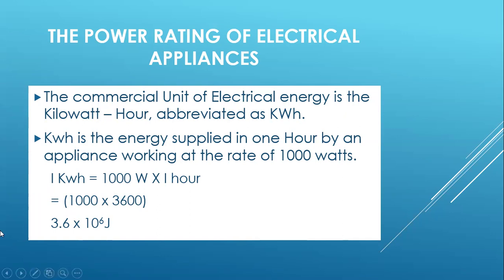So 1 kilowatt hour is equal to 1,000 watts times 1 hour. Now, if you know that 1 hour is equal to 3,600 seconds, you get that it equals 3.6 times 10 raised to 6 joules. So this is basically how the kilowatt hour is the energy supplied in 1 hour to an appliance at the rate of 1,000 watts.